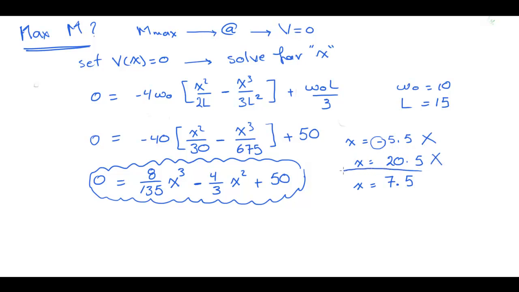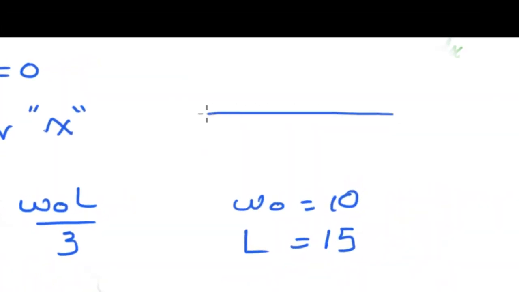And x equals 7.5 should ring a bell. 7.5 is 15 over 2, and 15 is the length of the beam. So what this value is telling us is that the maximum moment takes place at midspan, and that's what we should expect, because remember, let me redraw the beam quickly.